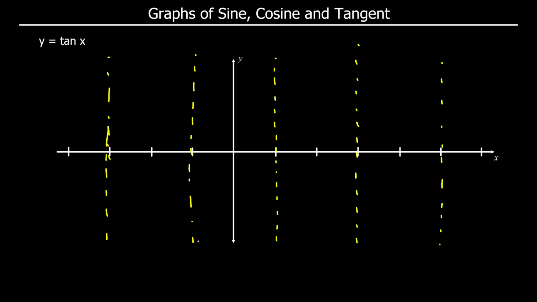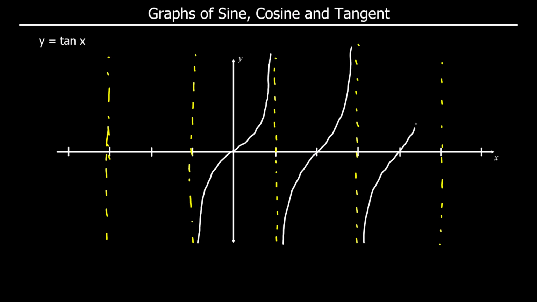So the graph goes through 0, 0 and up. It never reaches 90 degrees. It never crosses 90 degrees. And the same pattern repeats every 180.